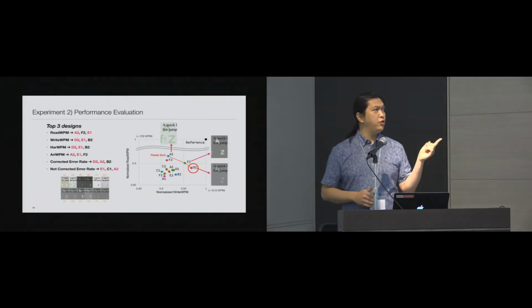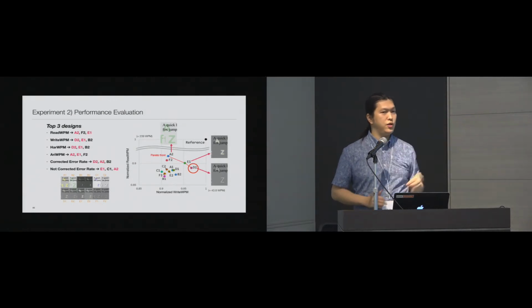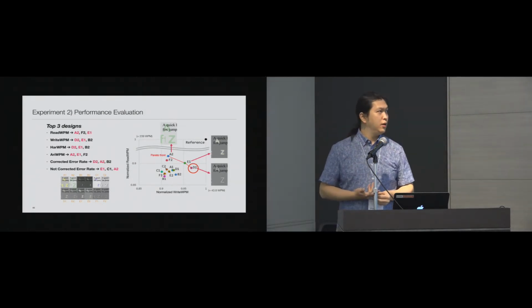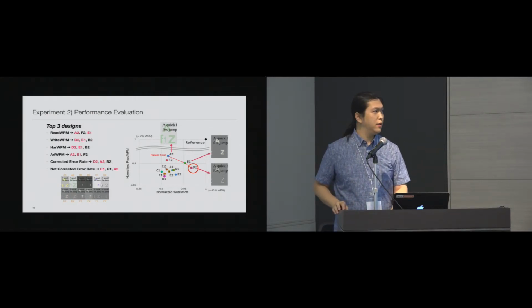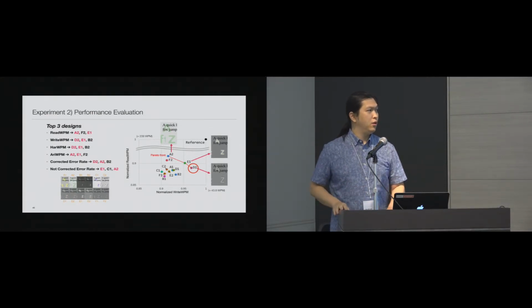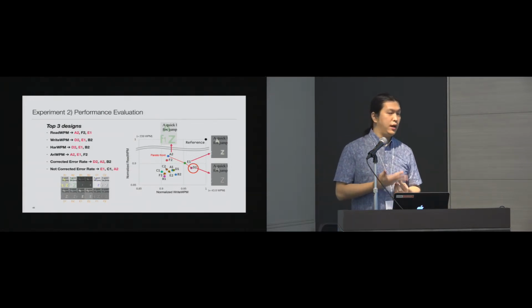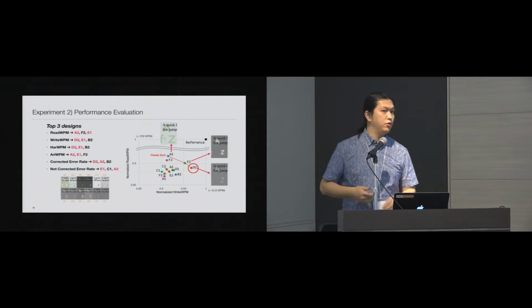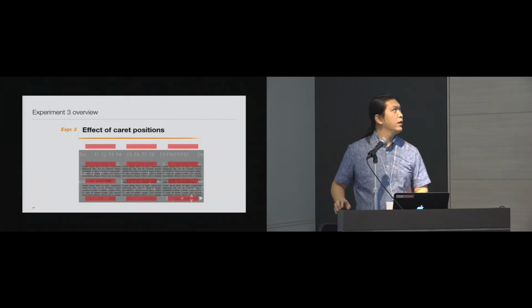So there is the A2 design, which is represented there, and the E1 and D2 designs are apparently the best. And we picked D2 as the most balanced candidate. We give more credit to the writing speed. So we picked D2 as the best design from experiment 2.